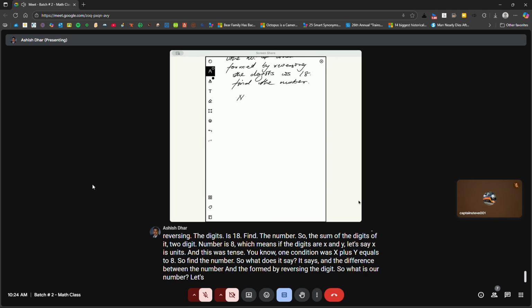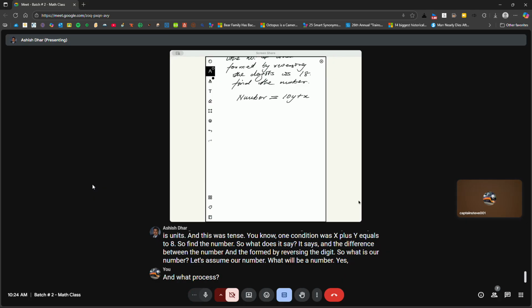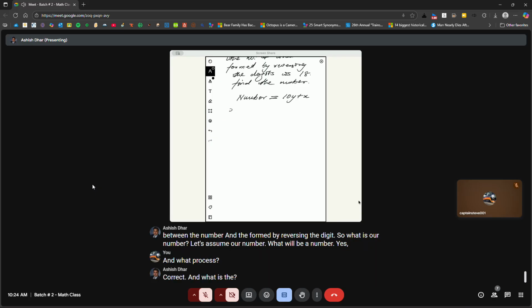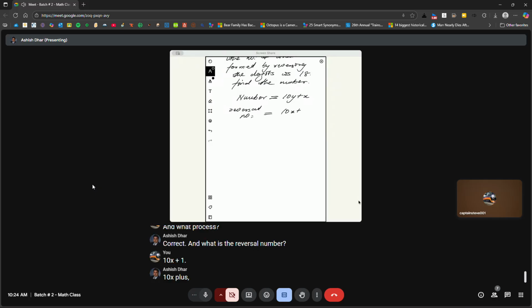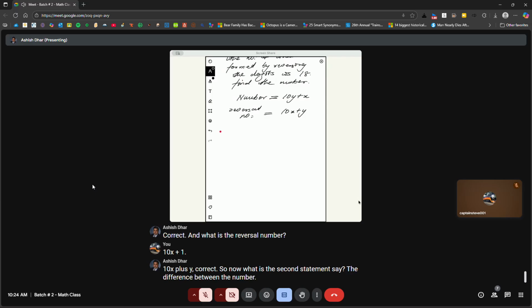So what is our number? Let's assume our number. What will be our number, Yash? Correct? And what is the reversal number? 10x plus y, correct? So now what does the second statement say? The difference between the number and the number found by reversing.